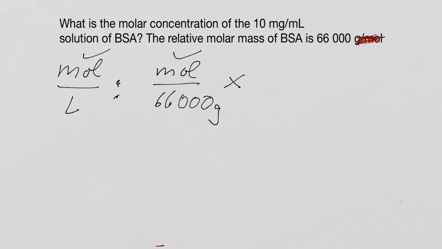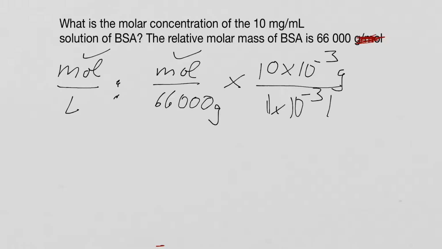We have 10 times 10 to the minus 3 gram, that's the milligram, divided by 1 times 10 to the minus 3 liter. What happens to the grams? They cancel out. What have we got left? We've got mole and liter here. This is exactly what we want.